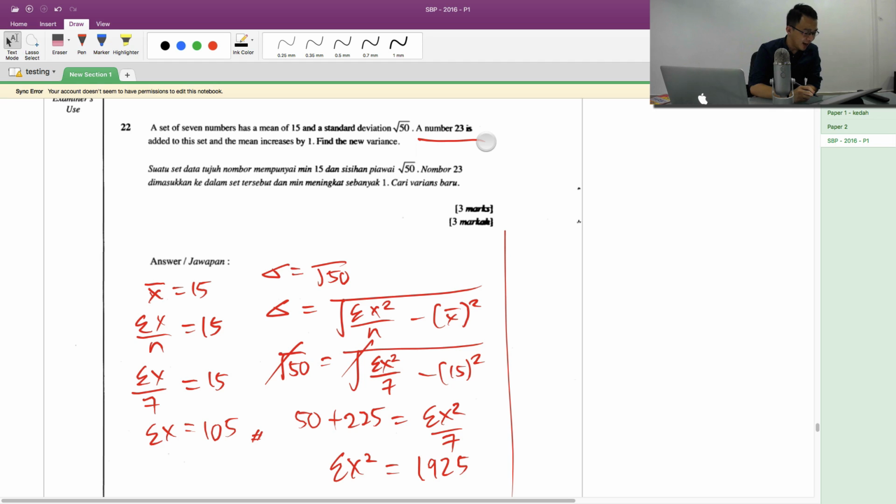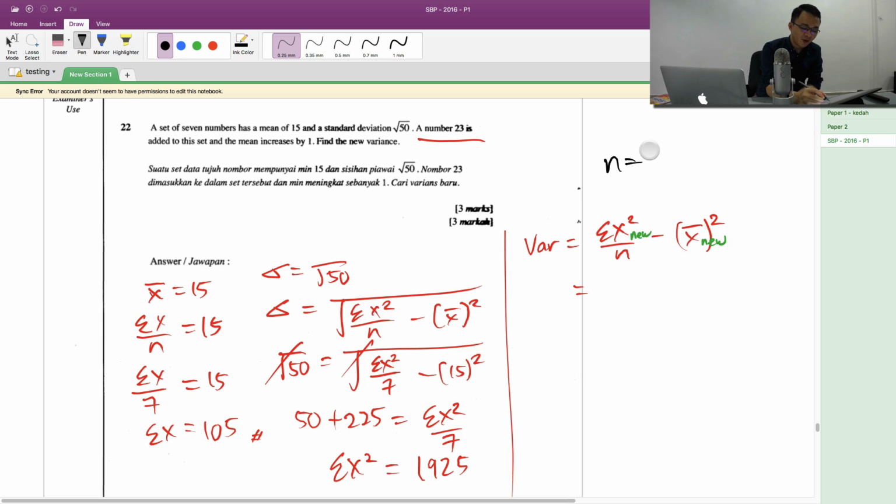Alright, the next part. A number is added to this set and the mean is increased by 1. Find the new variance. So you need to find the variance. Variance is sum of x squared over n minus mean squared. This is the new sum of x squared, and n is also new because you have the new number added in.